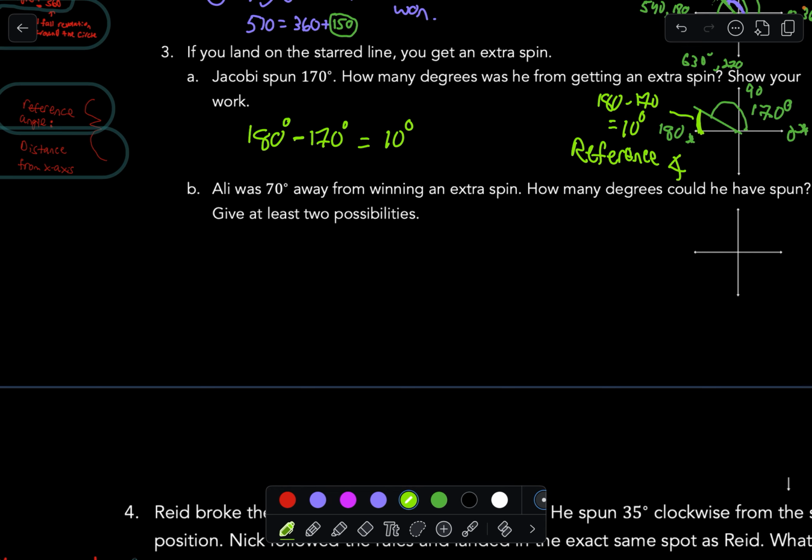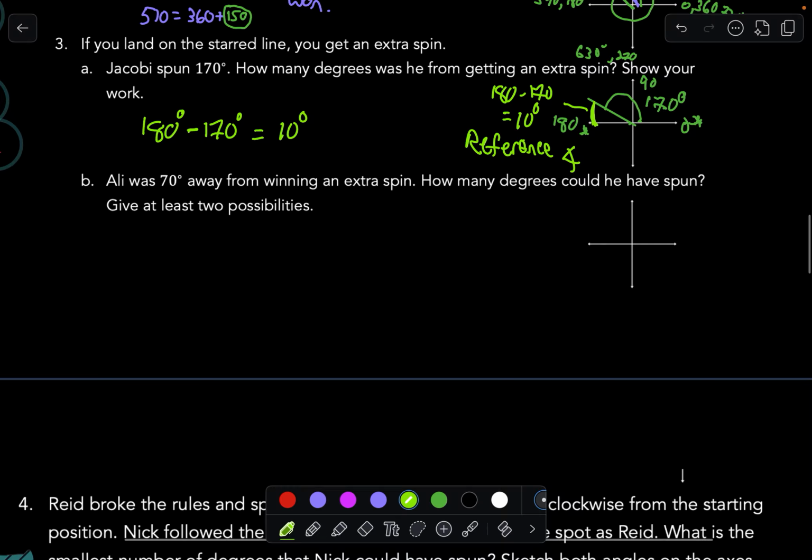Ali was 70 degrees away from winning an extra spin. That means he is 70 degrees away from the x-axis, either over here or over here. How many degrees could he have spun? Give at least two possibilities. Well, one would be if he lands here, where that's 70 degrees. Also, you could have landed here, where that's 70 degrees.